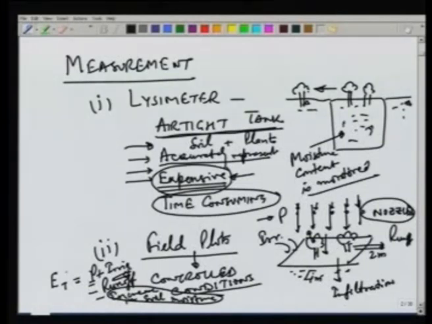So, the amount of evapotranspiration can be obtained by water balance, such that if we know the precipitation, which we will typically know by using rain gauges, applied irrigation water, that we will also know, runoff we will have to measure, and then increase in soil moisture also we will have to measure, and using this water budget we would get the evapotranspiration.